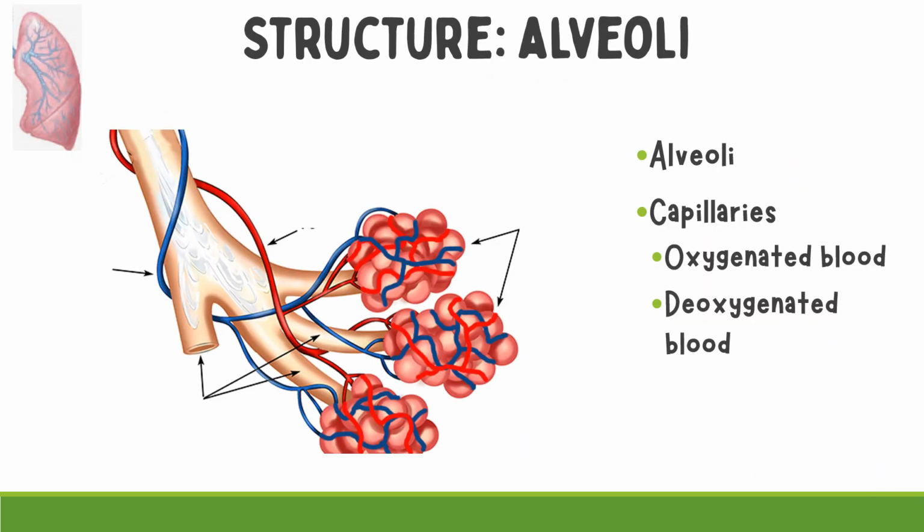So let's look at the alveoli in a bit more detail. If we zoom in on the end of one of these bronchioles, so here bronchiole branching off, then you can see we get to these little broccoli-shaped structures, and they're the alveoli at the end.